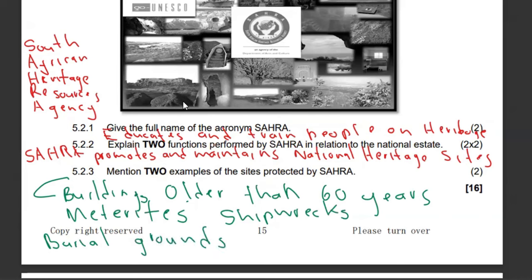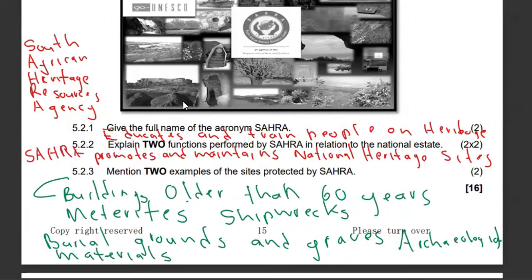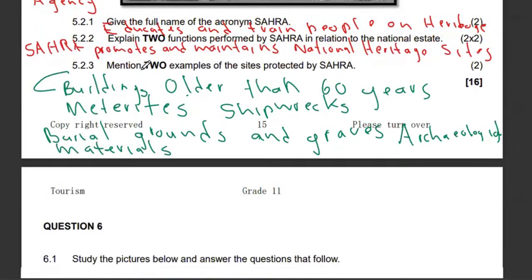Shipwrecks are burial grounds and graves. Then we also have archaeological materials.